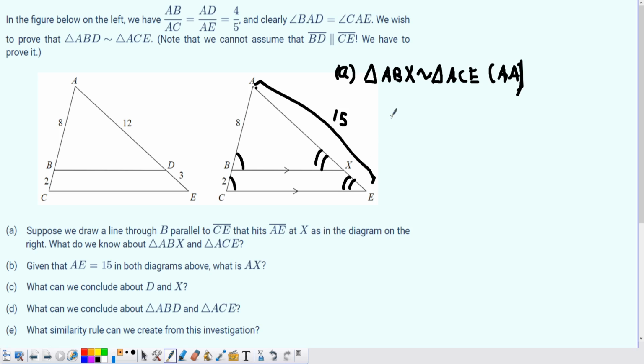One ratio we could make is AB, which would go along with the side AC. And we can also come up with the ratio AX, which would go along with AE. And then finally, BX over CE.